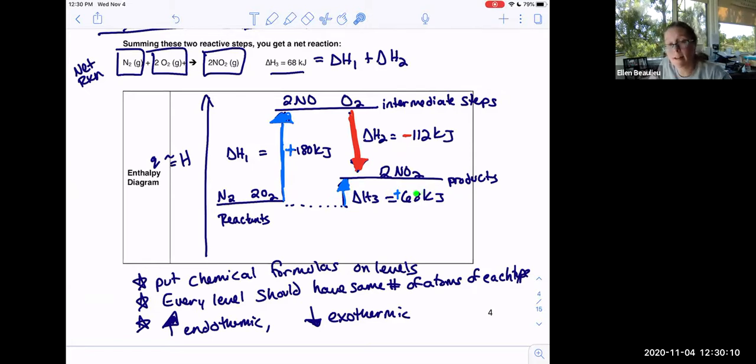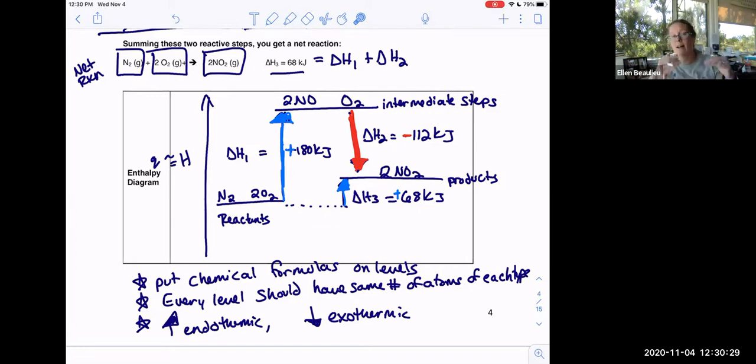Overall, if this is an endothermic process, then you need to have set your relative levels so that your products are higher in energy than your reactants. The length of this line versus this line versus this line, I'm not going to be super strict on that. Does everybody understand what I mean by that?